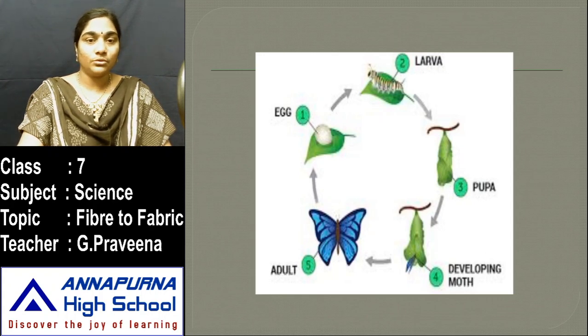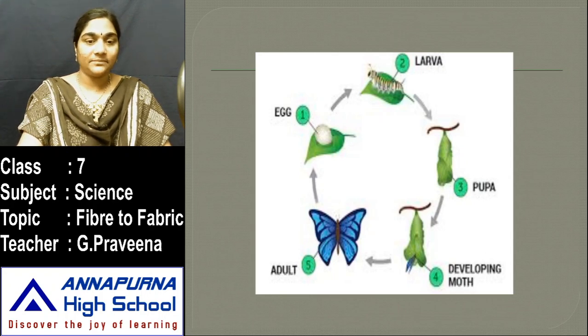Once the cocoon formation is completed, the moth breaks the cocoon, comes out and develops into an adult moth. So the life cycle is egg, larva, pupa and adult moth.